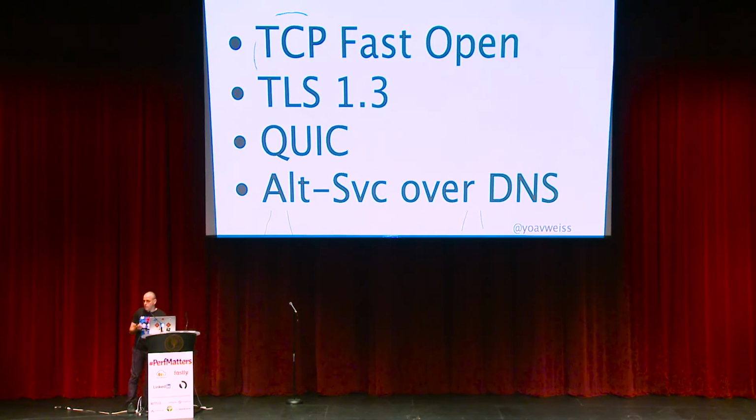QUIC is another protocol that enables zero RTT connection establishment, as well as Alt-Svc over DNS, which is a protocol extension that will enable browsers to know which servers support or don't support QUIC.